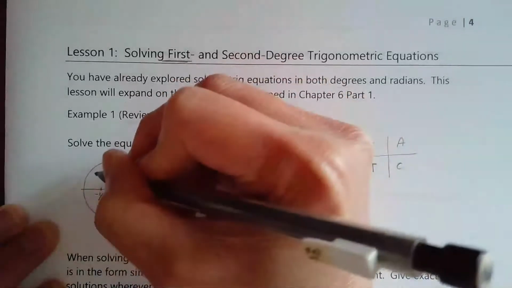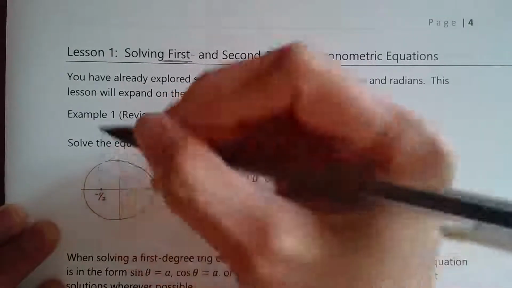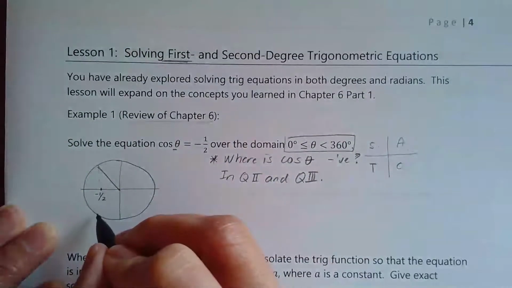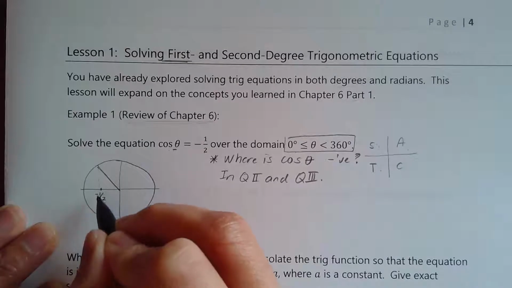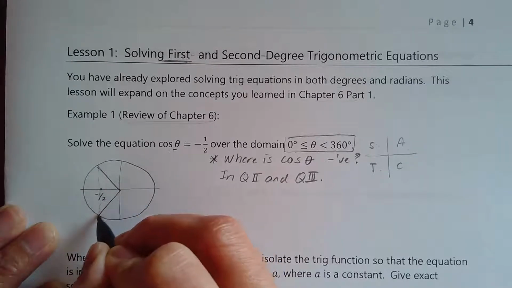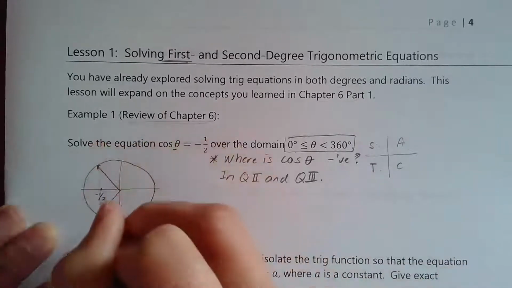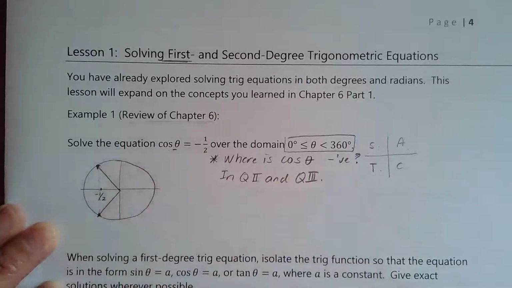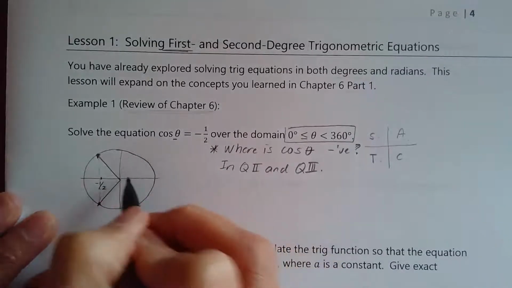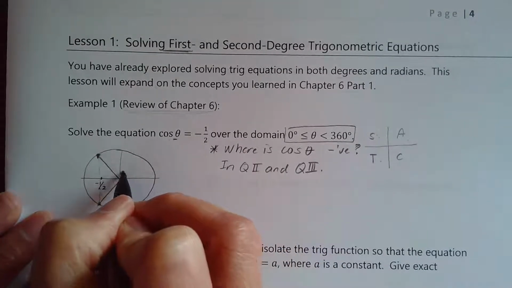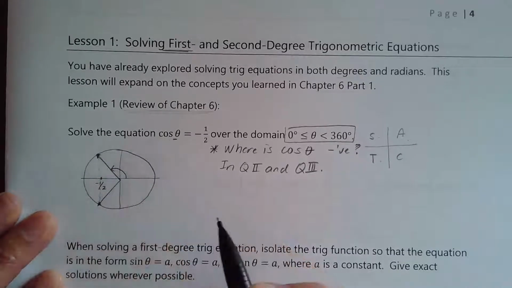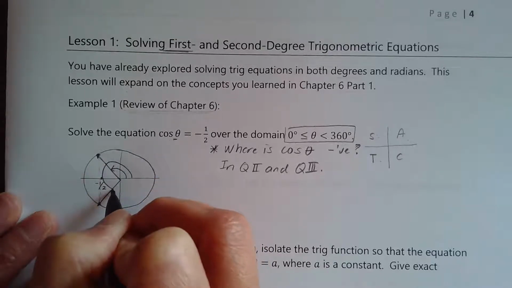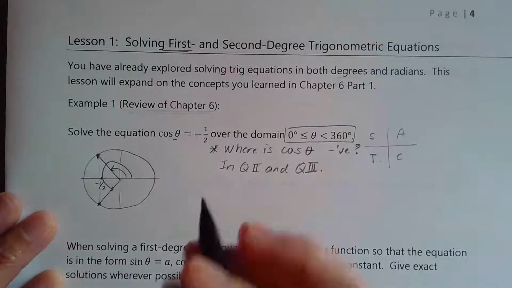What angle is that? And this is also negative 1/2 down here. I should put a dot there. So we have two possibilities, one going this way, that's one, and the other one is going all the way to there. So two solutions, two angles.